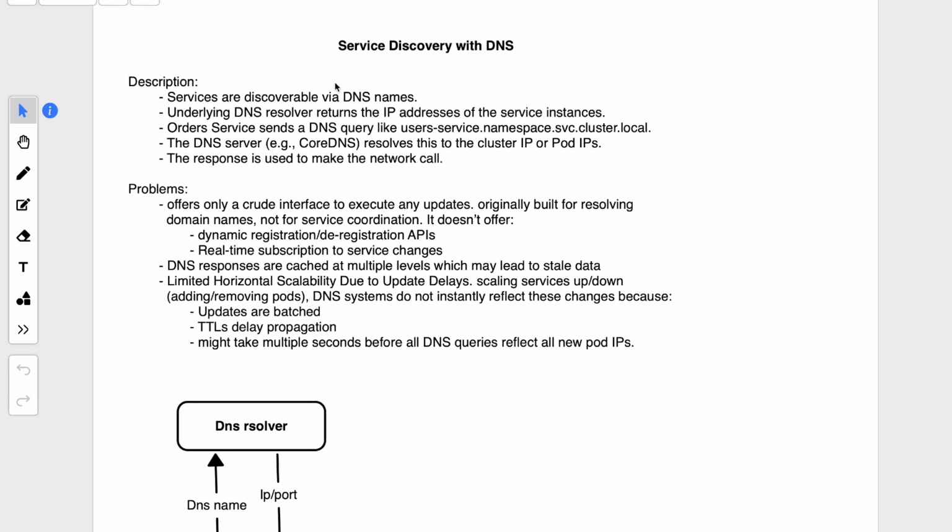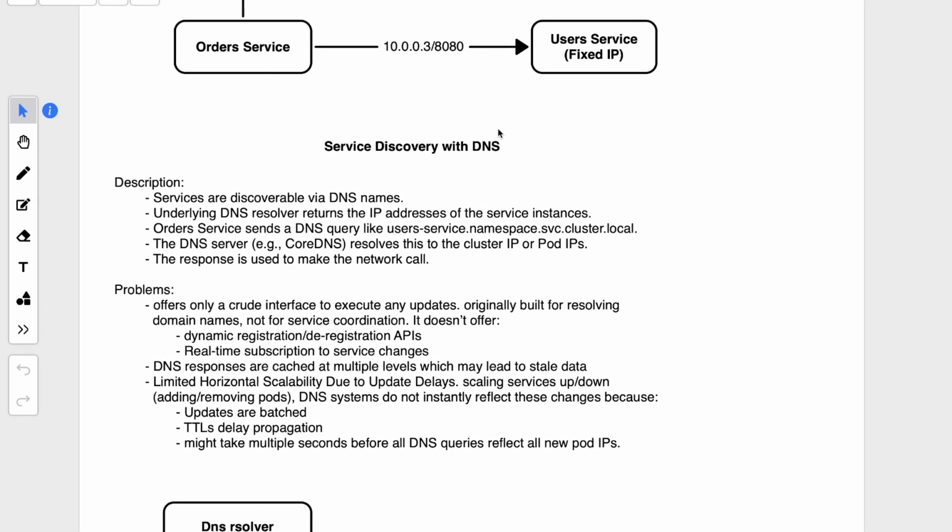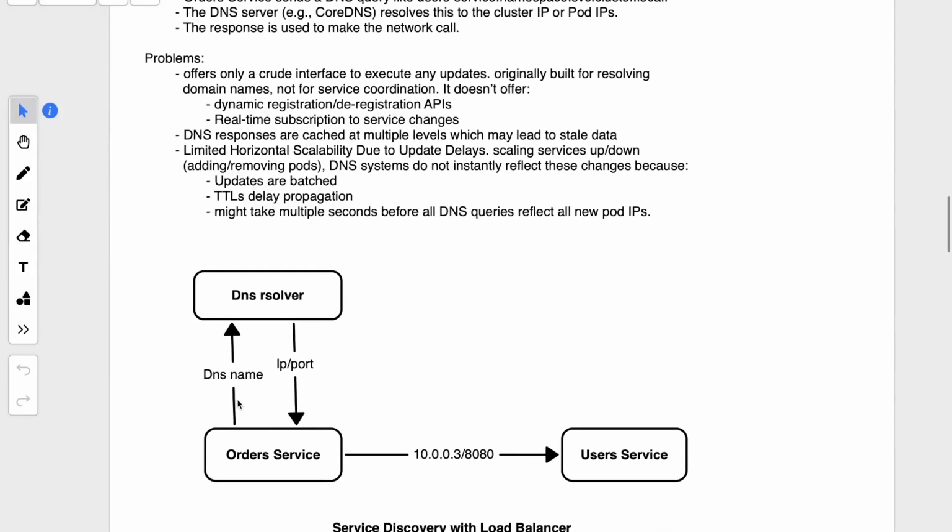Another solution for service discovery is using DNS. So services are discoverable by DNS names, right? You might know, whenever a service calls another service, they basically go through a DNS. Like the order service will call a DNS resolver with a DNS name, for example, userservice.com or something like that, and the DNS resolver will give an IP address to the order service.